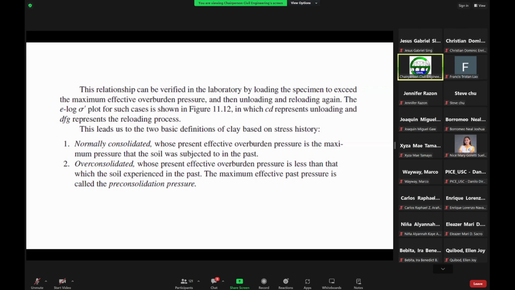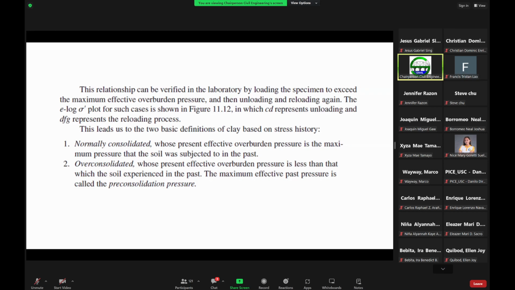Now, when we say over consolidated, in this case the present effective overburden pressure is less than that which the soil experienced in the past. In this case, the maximum effective past pressure is called the pre-consolidation pressure.